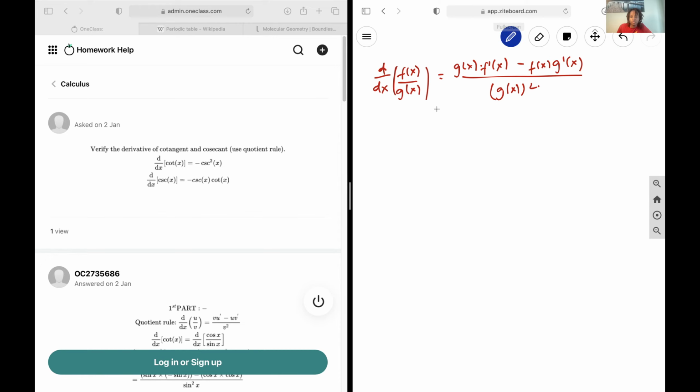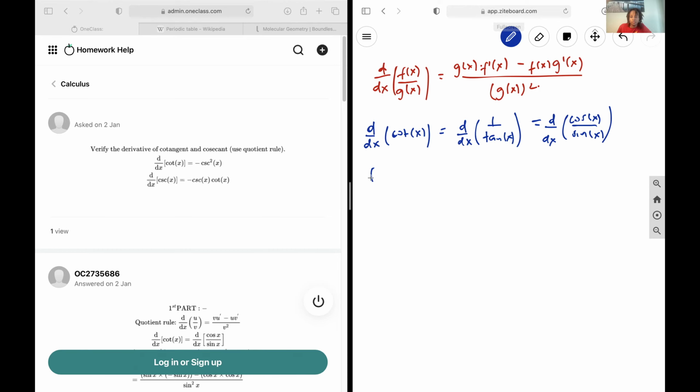And so if we're looking for the derivative of cotangent x, we know that that is equal to the derivative of 1 over tan x, because that is what cotangent is equal to. And we can actually write this further as cos x over sine x, and that's because tan x is sine x over cos x, so just invert that to become cos x over sine x.